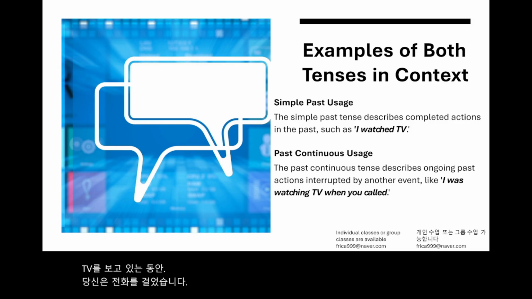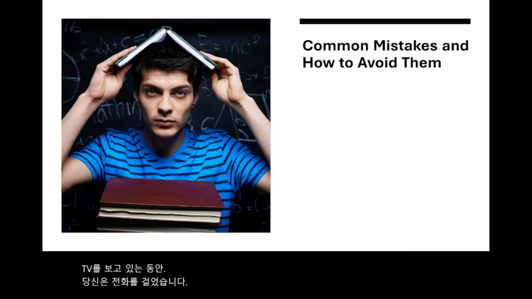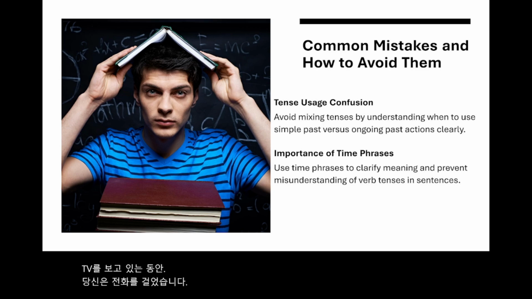All right. We have common mistakes. Sometimes people might not use the was/were in the continuous form, or they might use was/were in the simple past form. That would be one way.